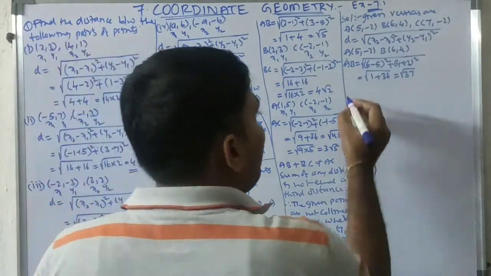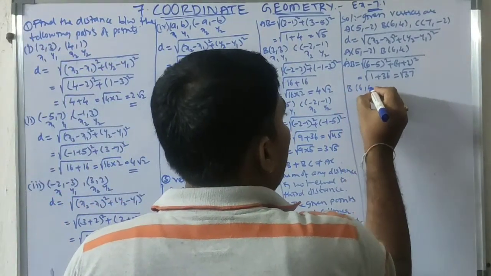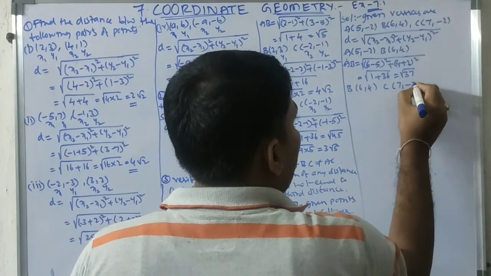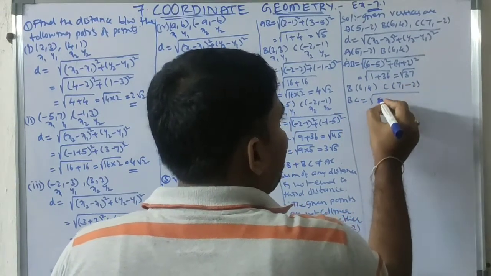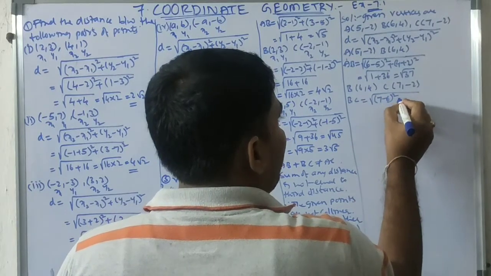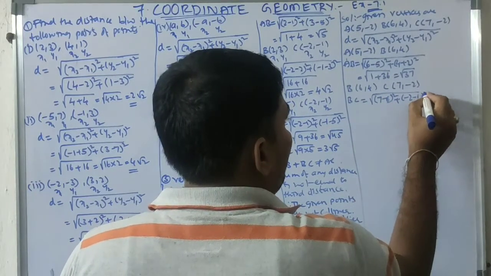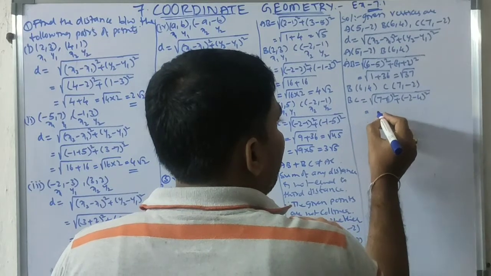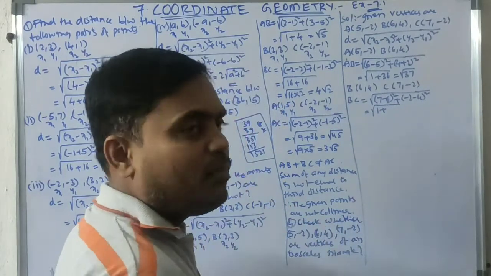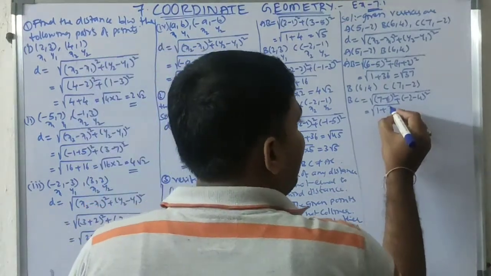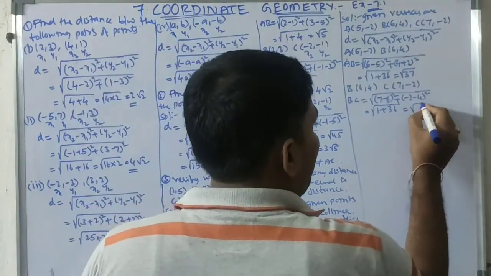Now I am taking BC. B (6, 4), C (7, -2). So BC equal to (7 minus 6) whole square plus (-2 minus 4) whole square. 7 minus 6 is 1, square 1, plus minus 2 minus 4 is minus 6, square 36. 1 plus 36, root 37.